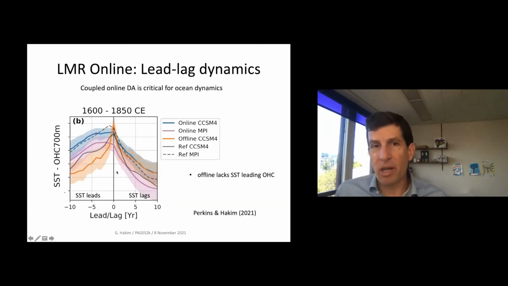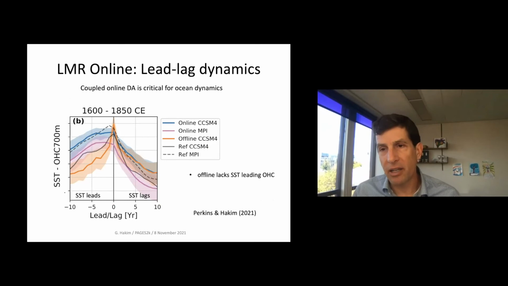Touching on the dynamics, this slide highlights the key importance of why the online matters. This is showing you the lead-lag relationship between sea surface temperature and upper ocean heat content. And in the offline versions of the LMR, it's a symmetric distribution. That is, there's no lead-lag preference between sea surface temperature and ocean heat content. But the reference models, given here by the gray lines, do have SST leading.